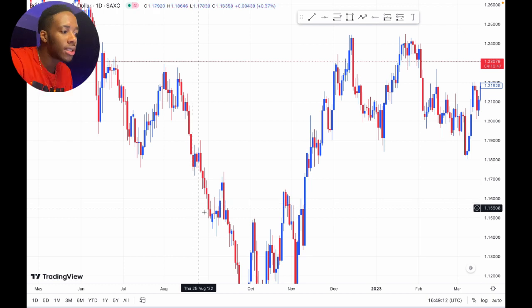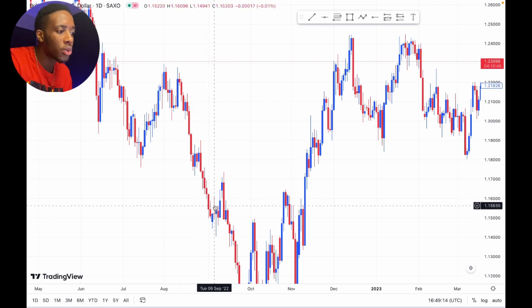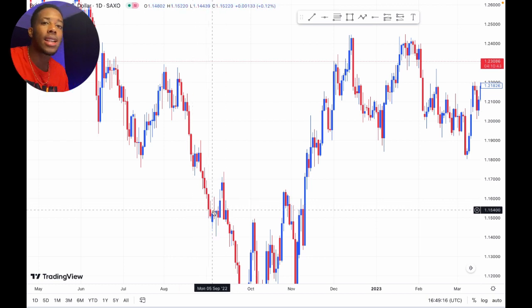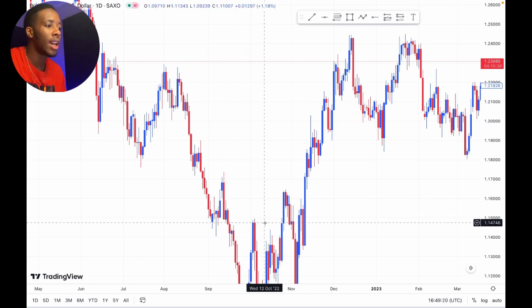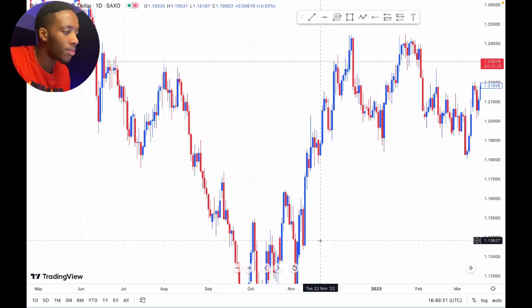What does this tell us? It basically tells us that the market at that point is uncertain whether it's going to go up or down, and sometimes it resembles a potential change in direction, right?